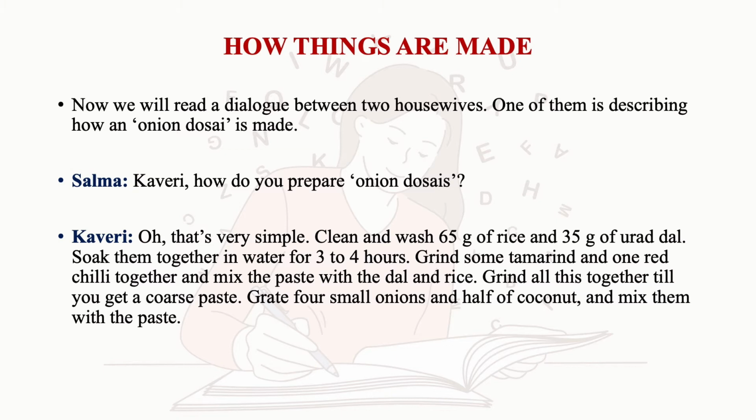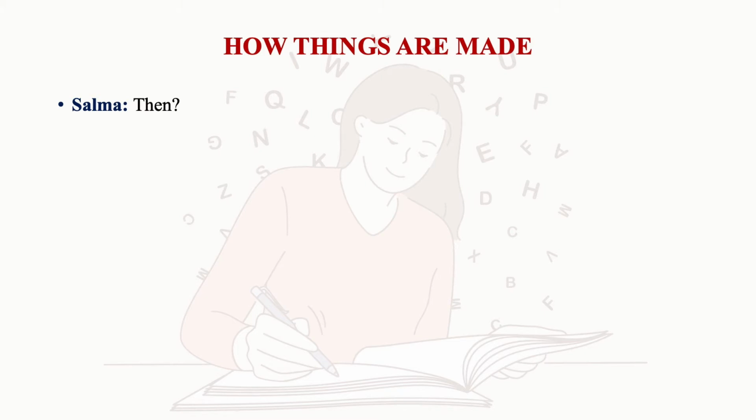Grind some tamarind and 1 red chili together and mix the paste with the dal and rice. Grind all this together till you get a coarse paste. Grate 4 small onions and half of coconut and mix them with the paste.